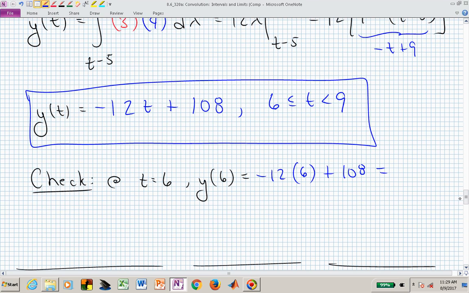So now we have 3 times 12 effectively, or we could say minus 72 plus 108 if we wanted to make sure that we were doing this properly, and that now ends up being 36, which is a good check on our work.